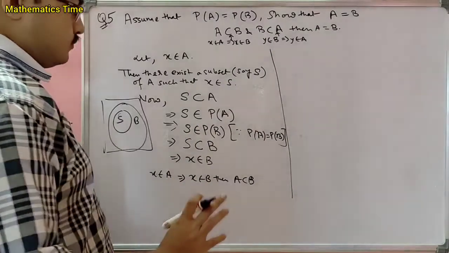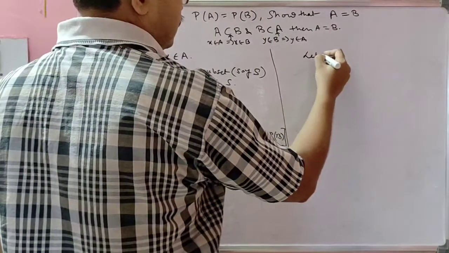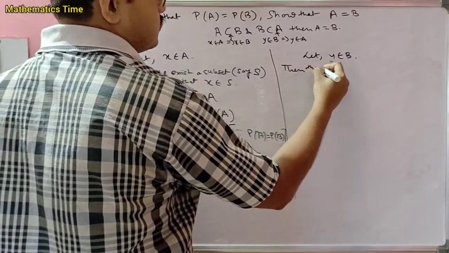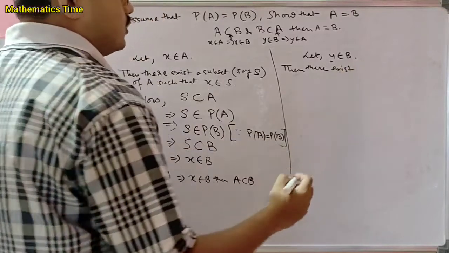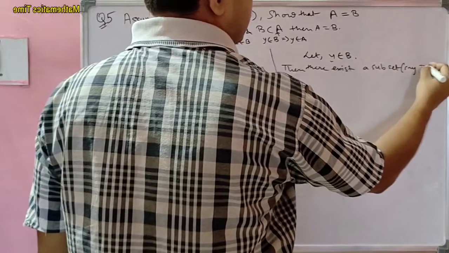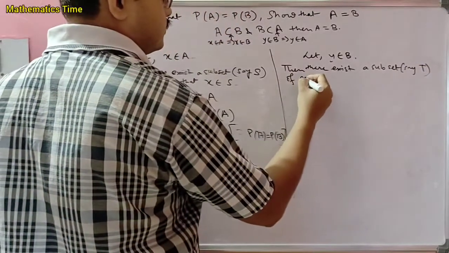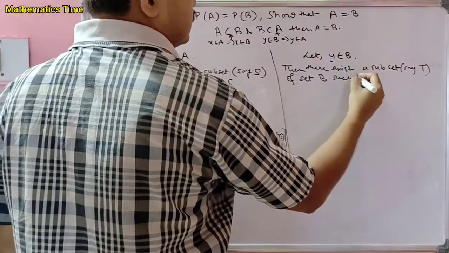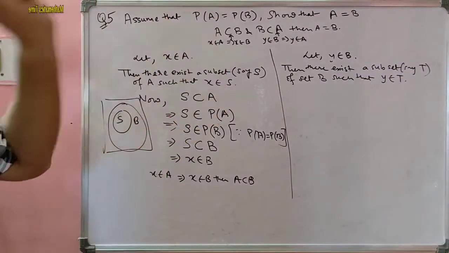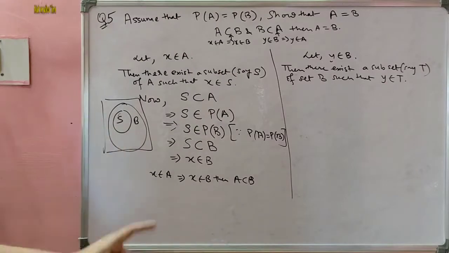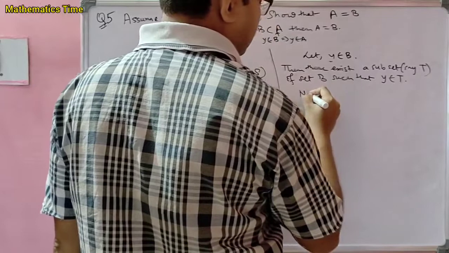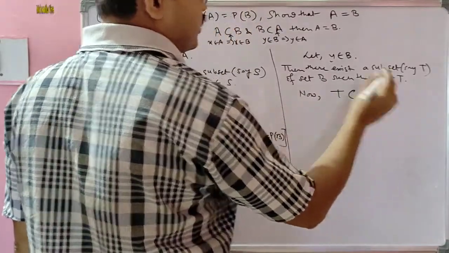So for that, let y belong to B. Then there exists a subset, say T, of set B such that y belongs to T. So y belongs to B, and there is a subset of B which contains the element y, which is T. Now T is subset of B. We assume that.